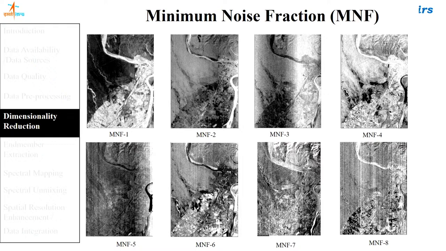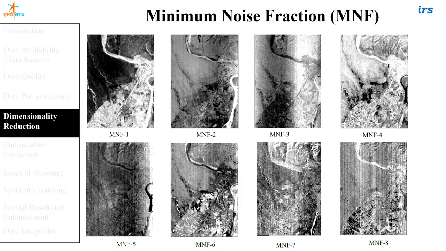In this case, we are applying PCA twice. First, to reduce the noise component, and second, to generate the uncorrelated components. Here we are using a shift difference method. What is the shift difference method? Normally we know that nearest neighbor pixels will have similar values, but the noise content will vary. So we are using the image differencing method: neighboring pixels are differentiated, and the difference is calculated. That is why it is called shift difference.